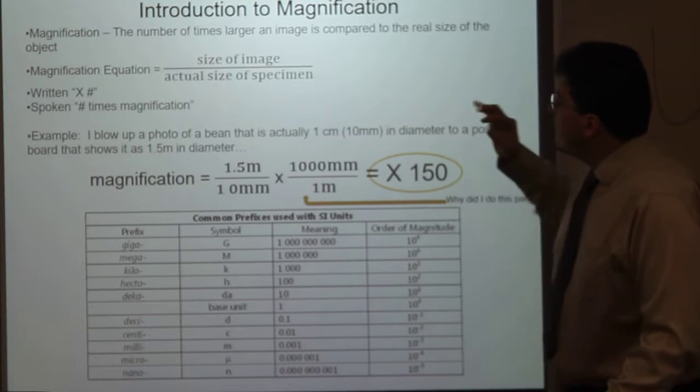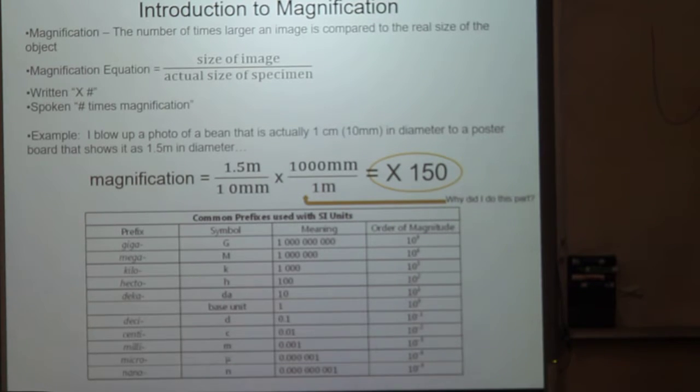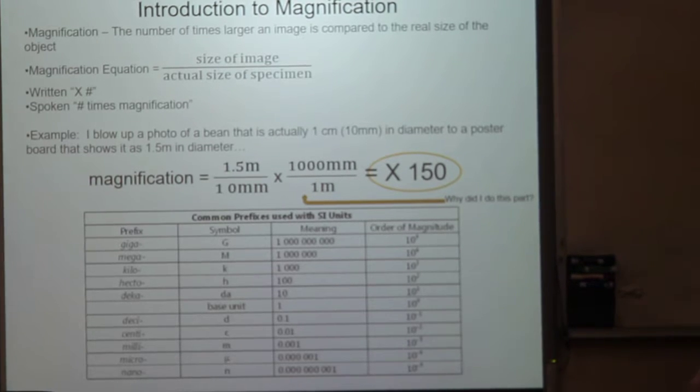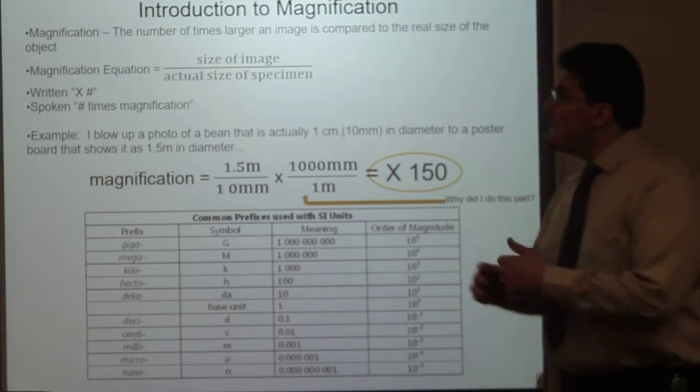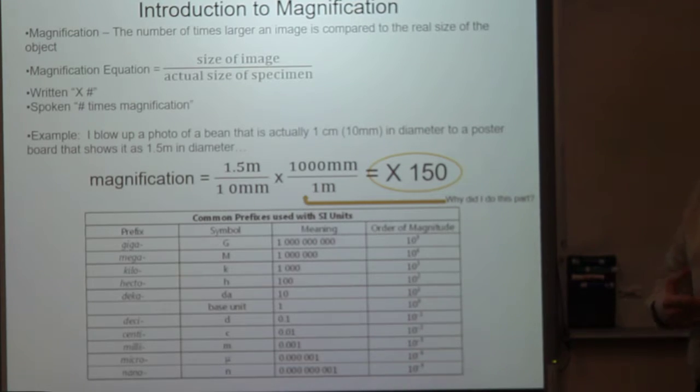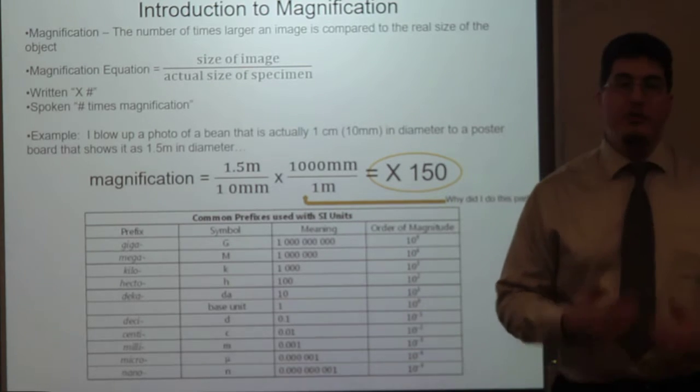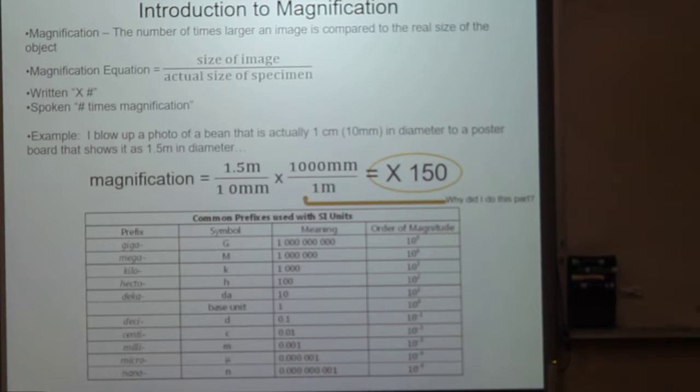So, an introduction to magnification. Now, magnification is the number of times larger an image is compared to the real size of that object. So, magnification is equal to image size over actual size.